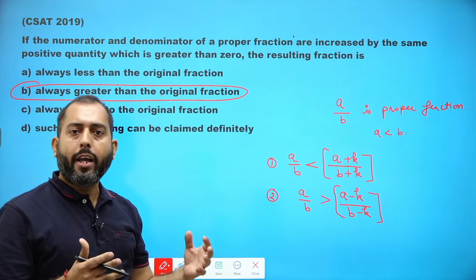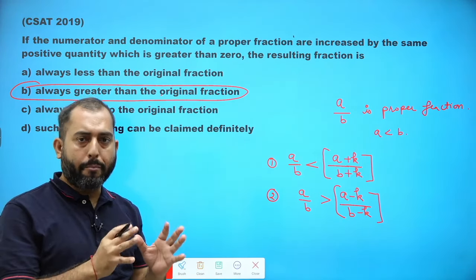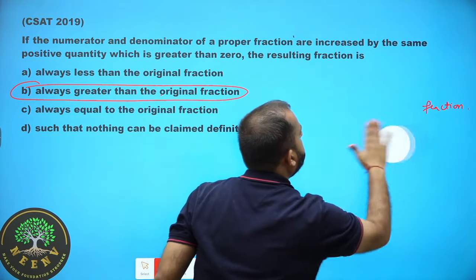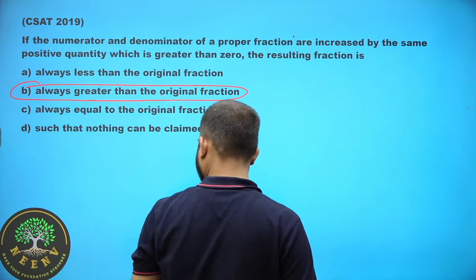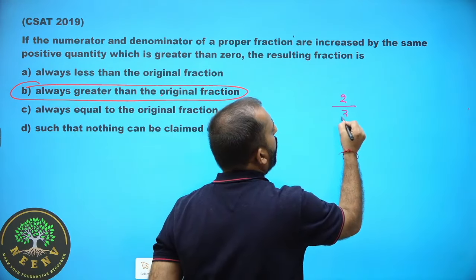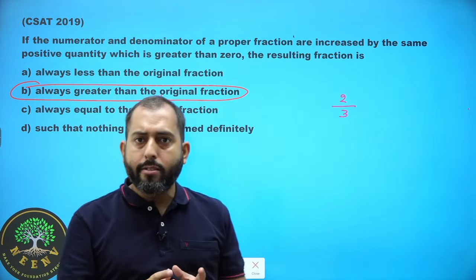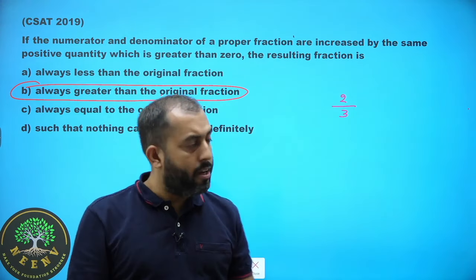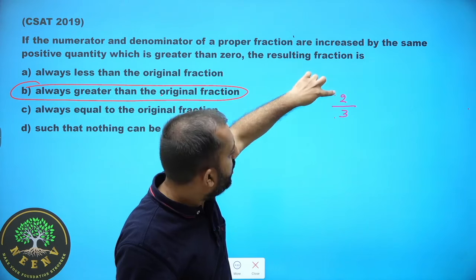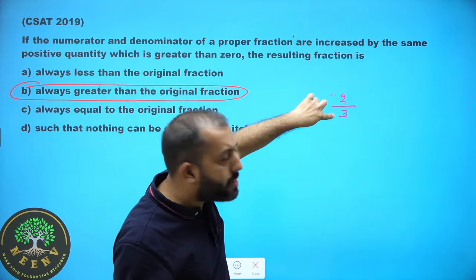Let's verify this with the help of an example. Let's talk about 2 by 3. What kind of fraction is 2 by 3? Proper fraction, because numerator is 2, denominator is 3. Your numerator is less than denominator.